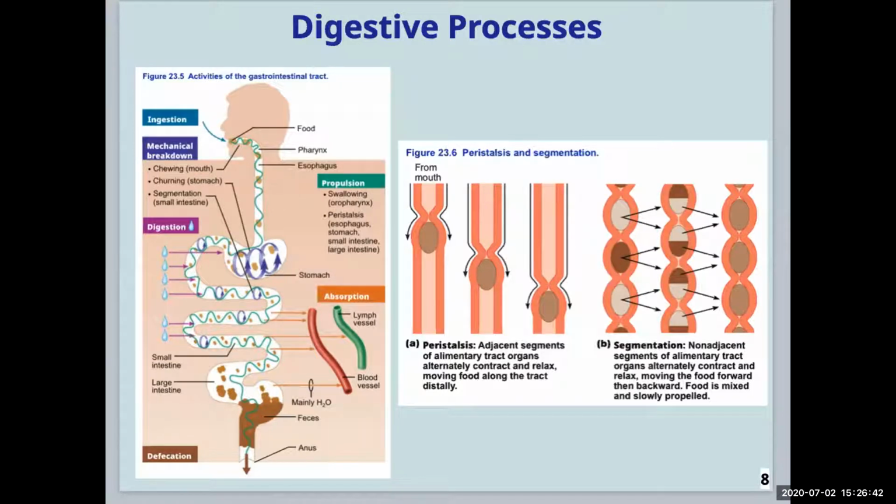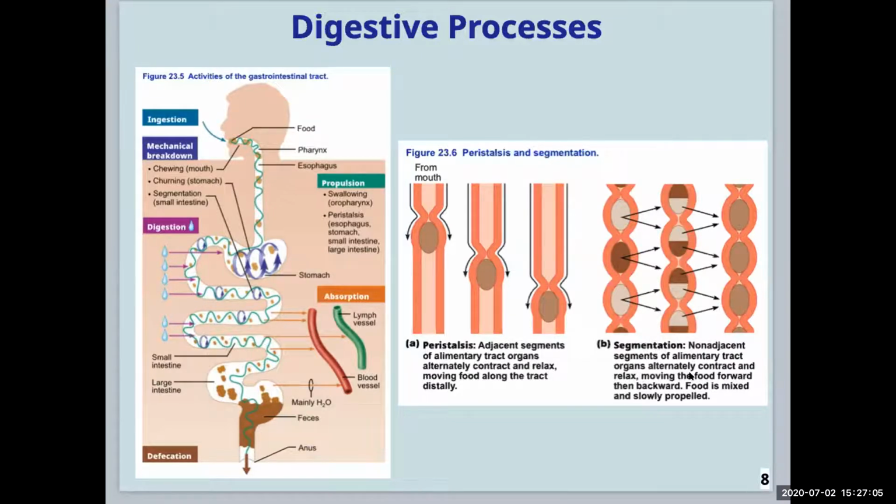Now, besides churning, there's also segmentation. Segmentation is a type of movement we generally see in the small intestine. It's often contrasted with peristalsis, which is simply moving the food stuff along the digestive tract. Segmentation is where non-adjacent segments of your GI tract alternately contract and relax.